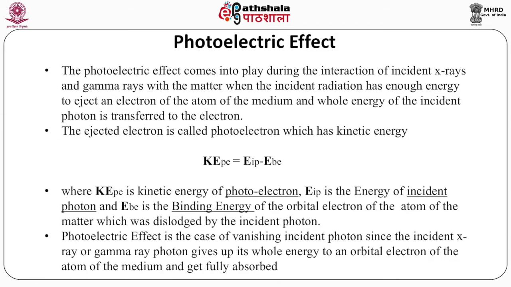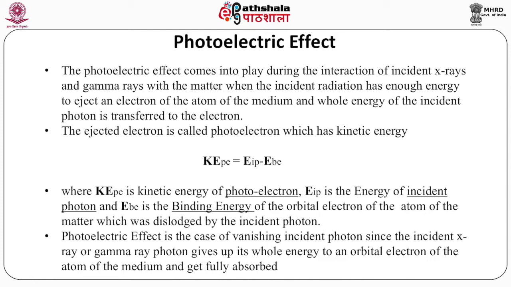Next is the photoelectric effect. The photoelectric effect comes into play during the interaction of incident X-rays and gamma rays with matter when the incident radiation has enough energy to eject an electron of the atom of the medium and the whole energy of the incident photon is transferred to the electron.